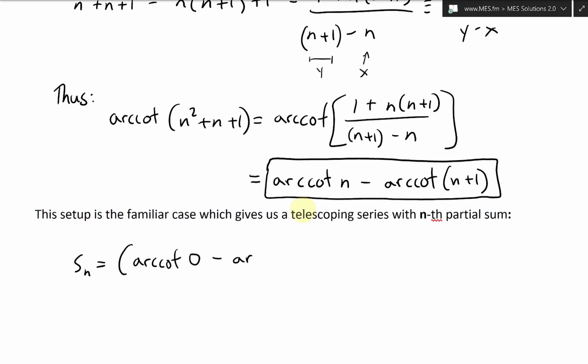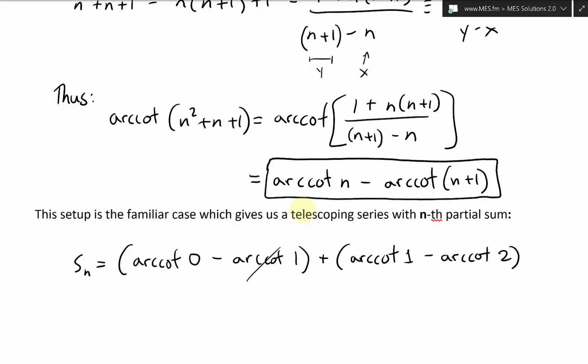So when n is 0, n plus 1 is 1: arc cotangent of 1. And then the next term is going to be arc cotangent of 1 minus arc cotangent of 2.